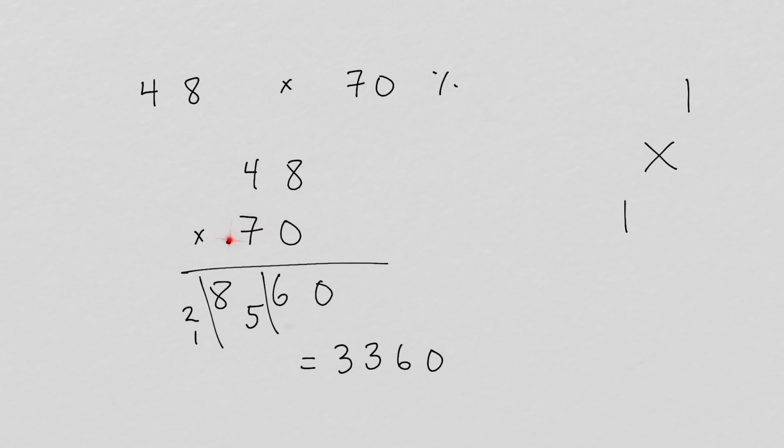We took it out 2 spots when we did the multiplication, so we need to bring it back in 2 spots. So we get our answer 33.60, or just 33.6.